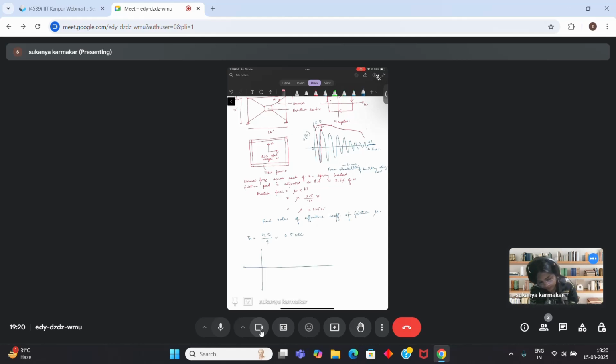I'll just draw that. Slope of the graph. If that is the slope, then why is this factor 4 coming into picture? We have derived that the difference between this peak and this peak is 4 uf. So can I use this information in this plot and calculate the value of uf?